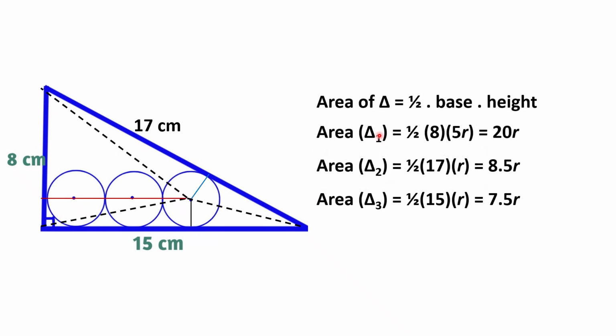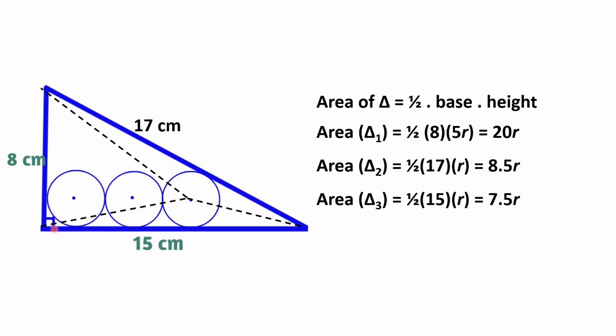Now we use the formula: area of a triangle is half into base into height. So look at the first triangle. The red blinking line is the height, the altitude, and 8 centimeters is the base.